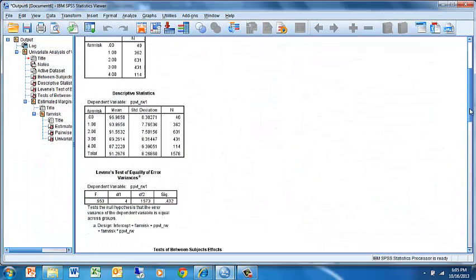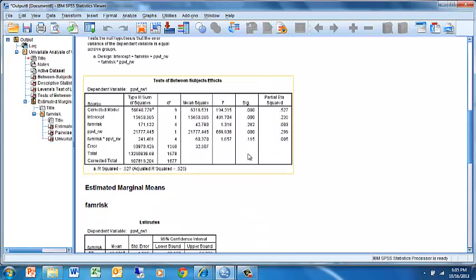What we'll see is that within this ANCOVA output, we'll see this interaction effect. This interaction effect is essentially the test of homogeneity of regression. We want to fail to reject that. So the fact that our significance level is greater than 0.05 is good news for us.